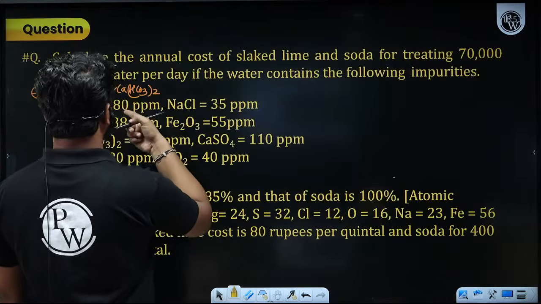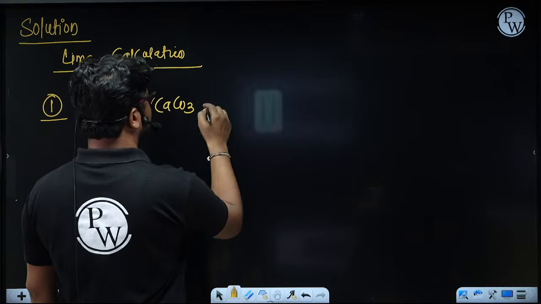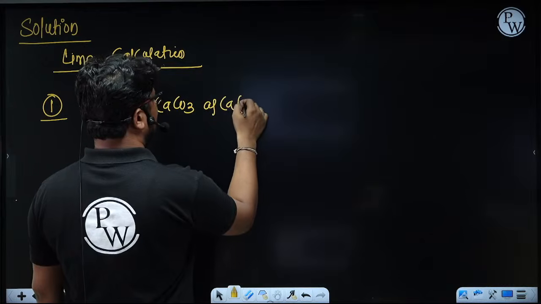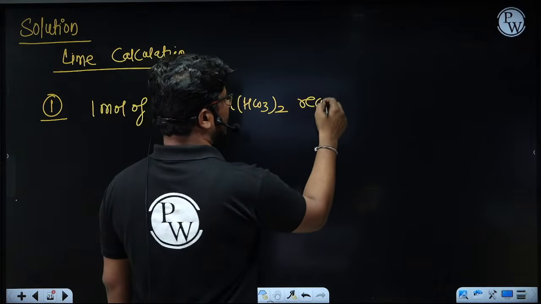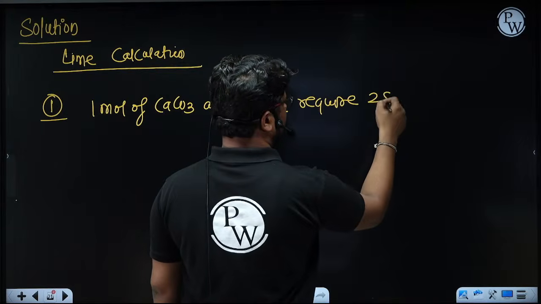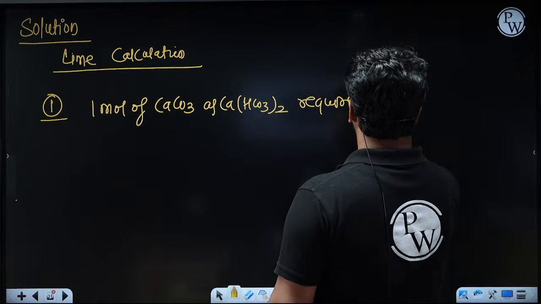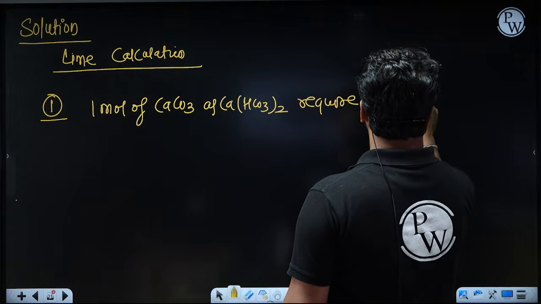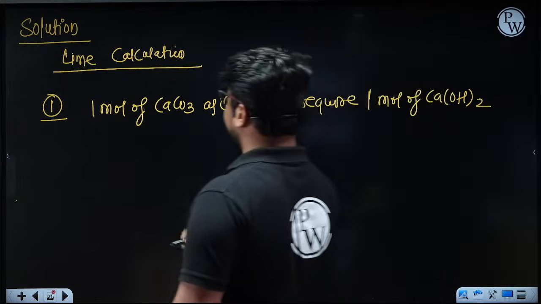Here it is given as CaCO3, 280 ppm, which requires 1 mole of Ca(OH)2.